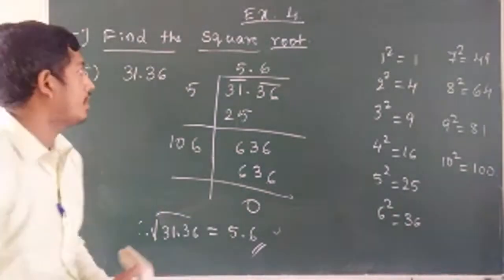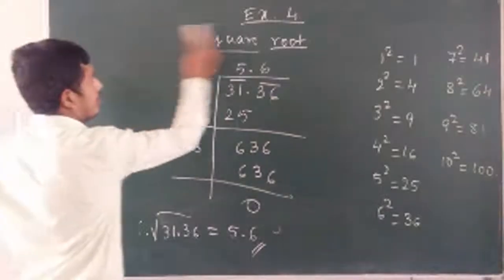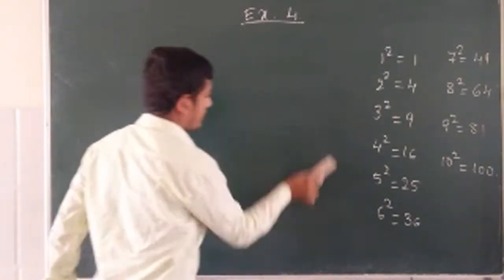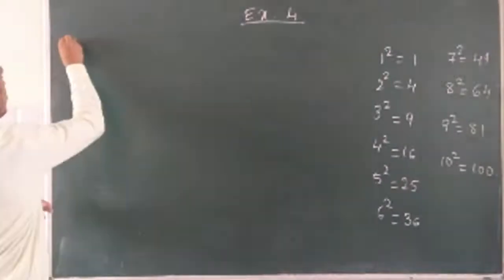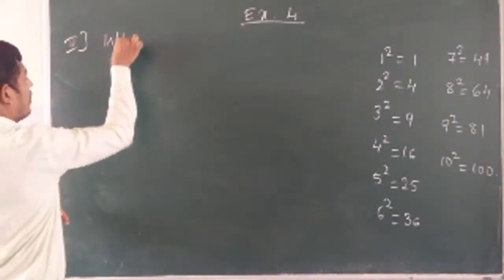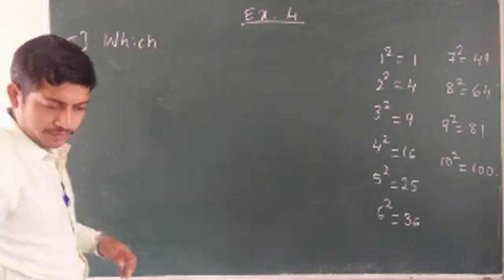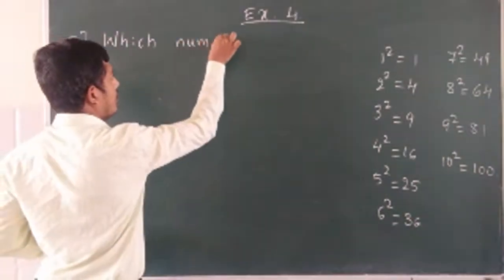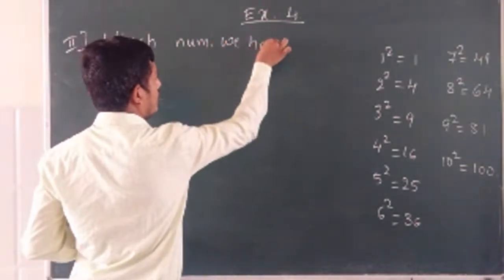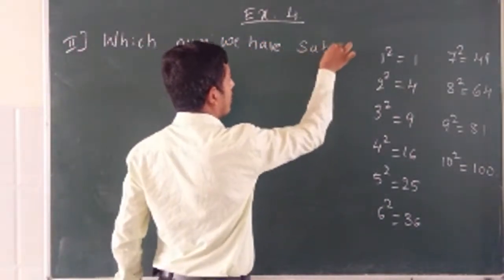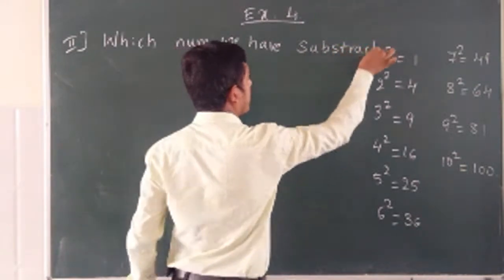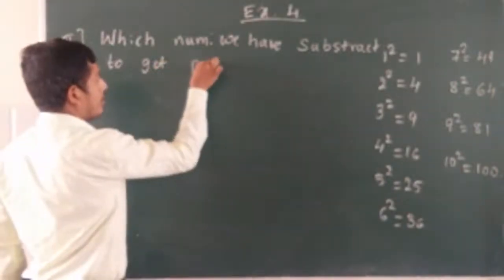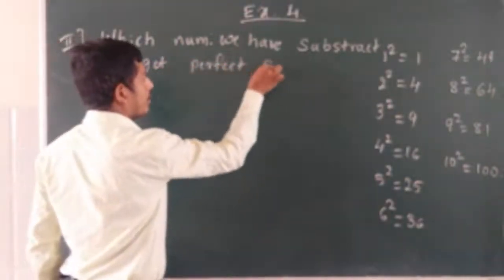Now we will calculate. Alright, the main aim is which number we have to subtract to get a perfect square.